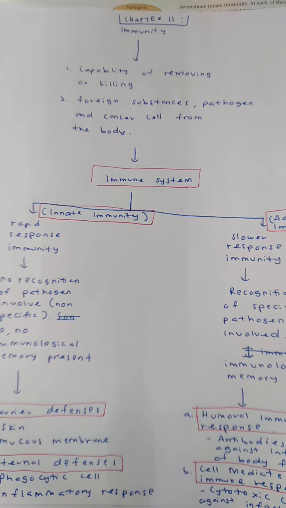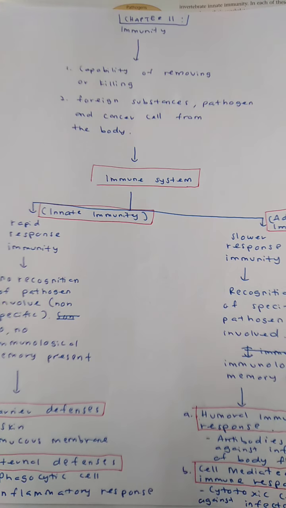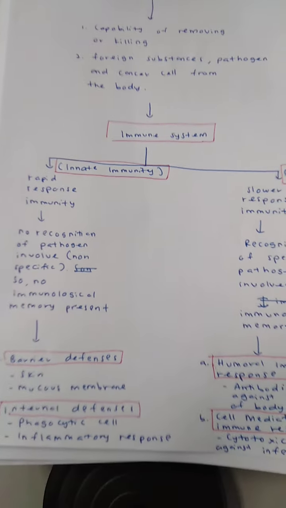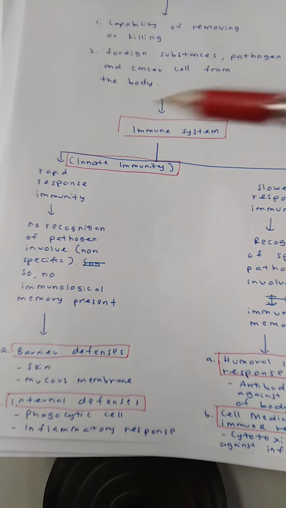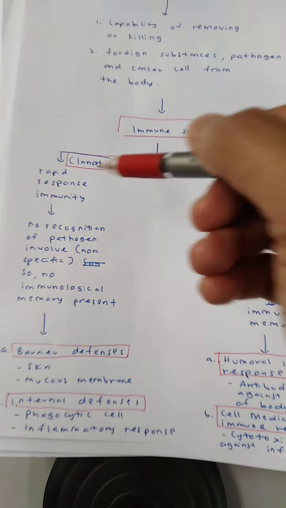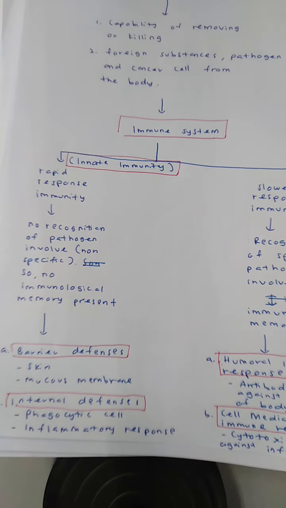So, immunity is about the immune system. Immune system, we divide them into two. The first one, immune system that responds rapidly towards the pathogen. Mana-mana pathogen yang datang, dia akan respons dengan pantas. Rapid response of immunity.